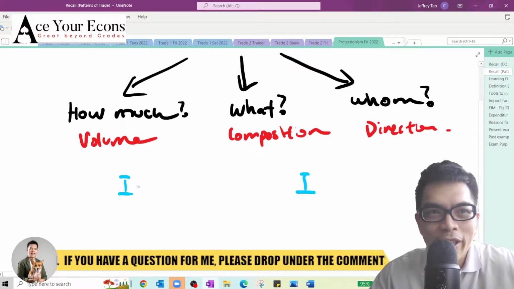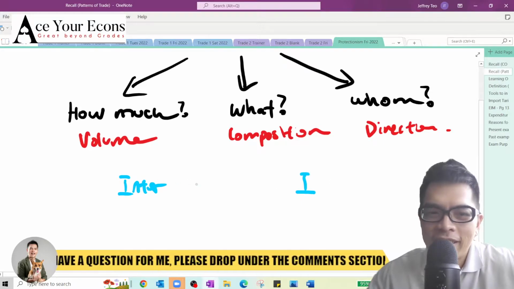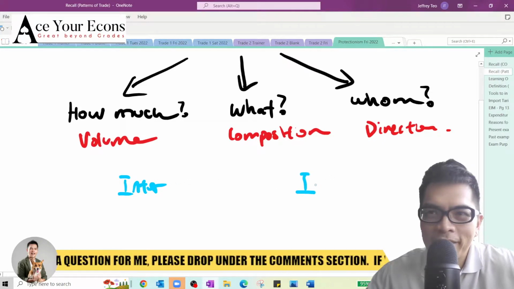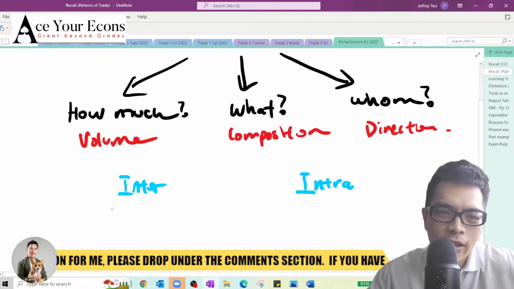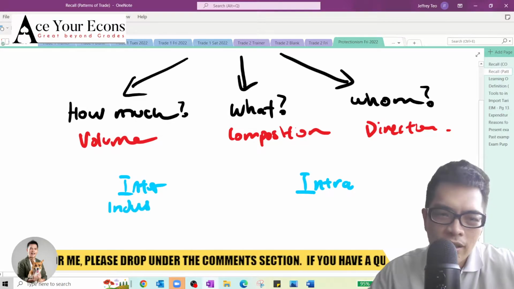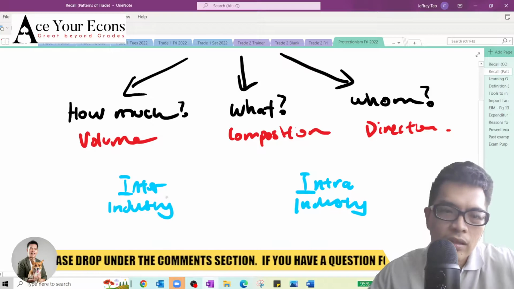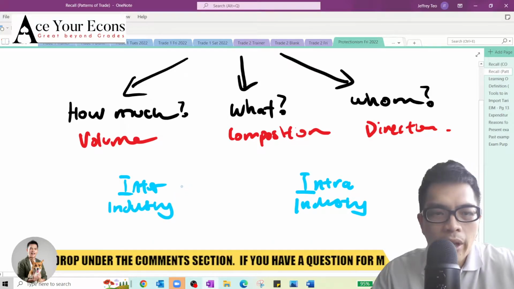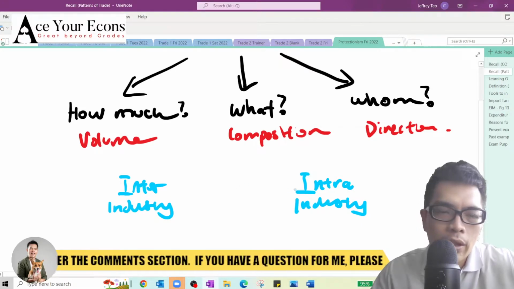Let me give you a hint. All right, so one starts with inter, and the second starts with intra. Once I give you the first one, you'll get the inter and intra industry trade. So we are particularly concerned about inter and intra-industry trade.